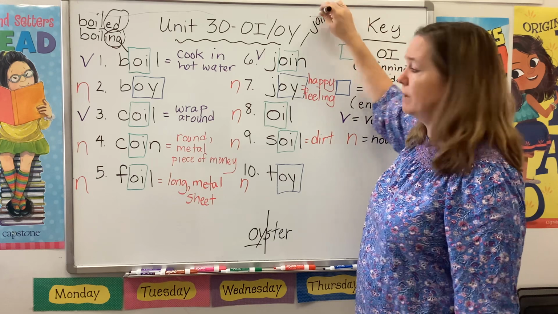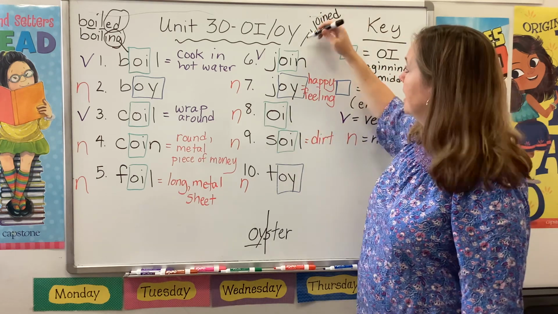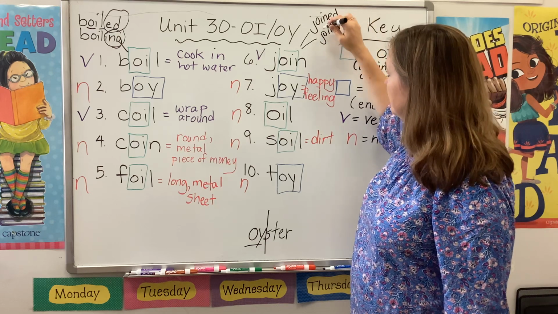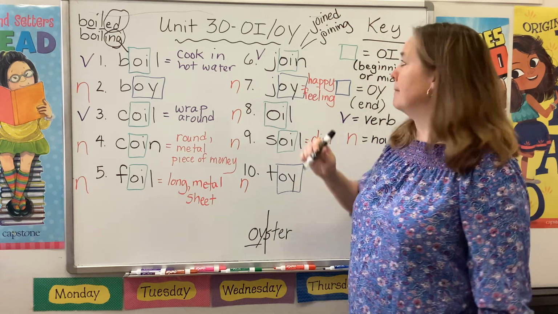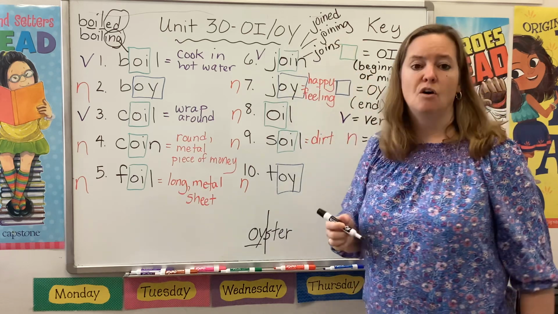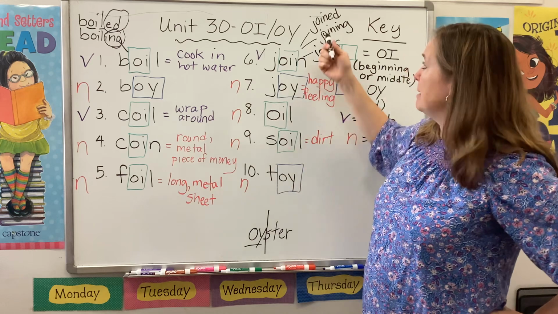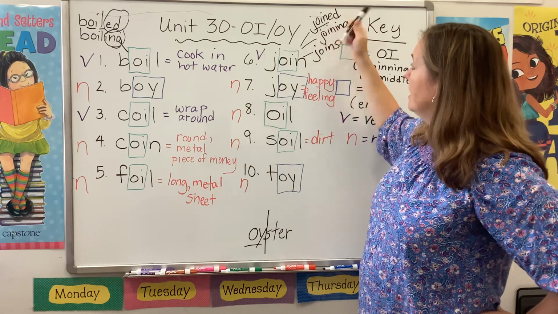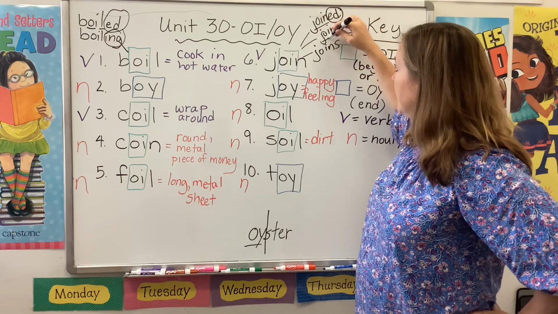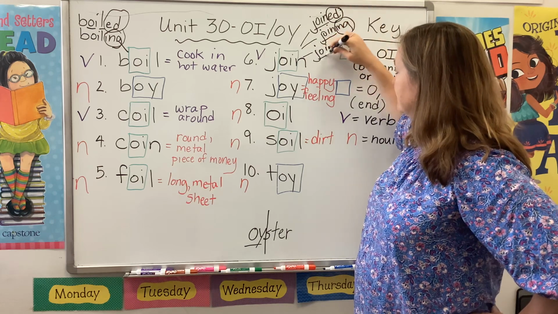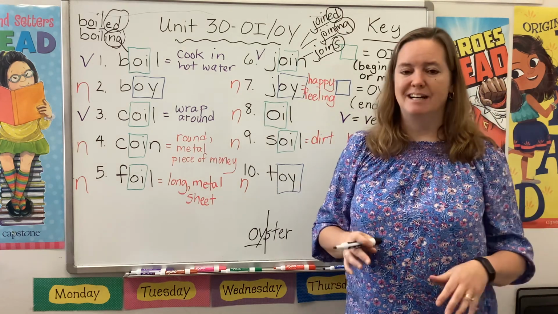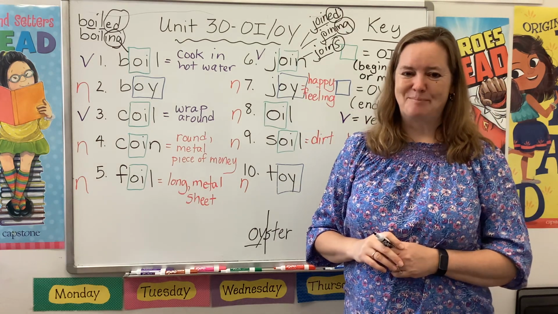Last year I joined the Girl Scouts. I am joining a softball team this spring. My mom joins book clubs all the time. Because my base word join already has 2 vowels and a consonant, all I have to do is add my suffix. No dropping silent e's, no doubling consonants, nothing like that.